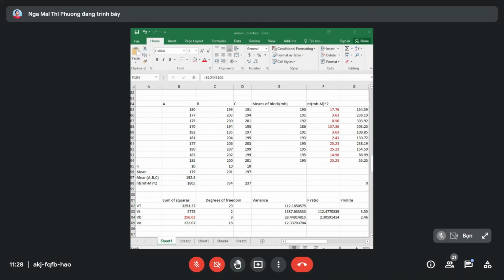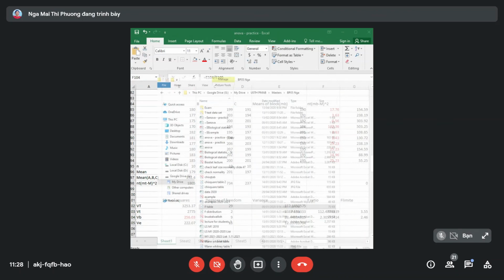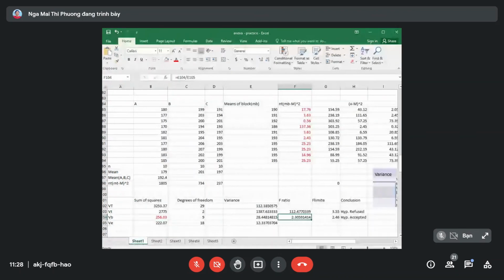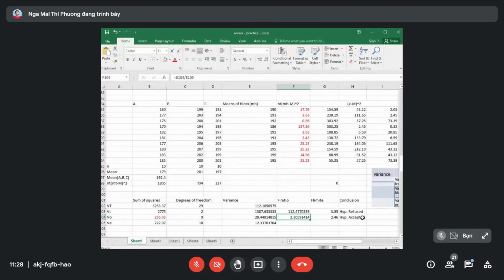So is that good or not good if you don't have action of block? It's good. Why?